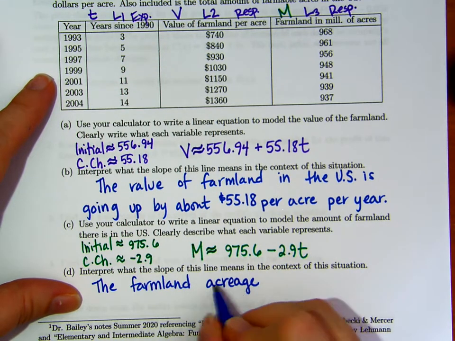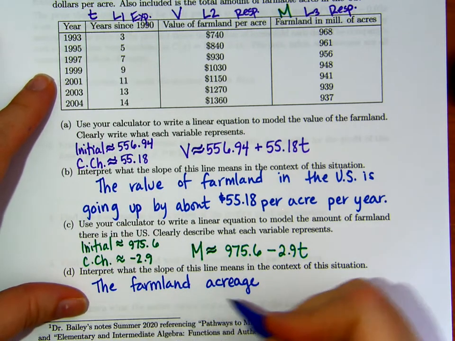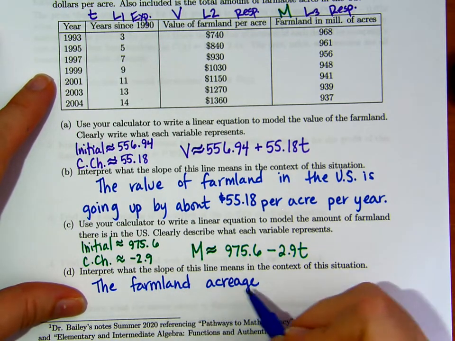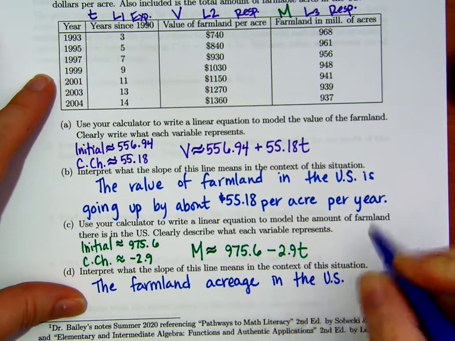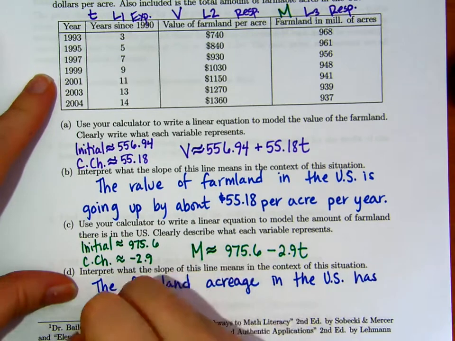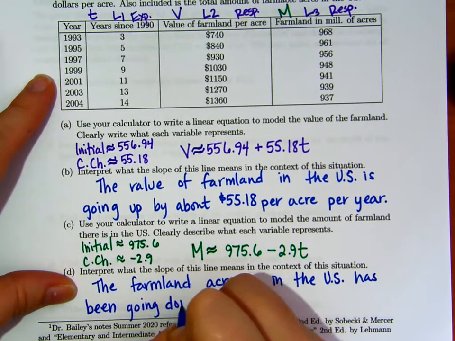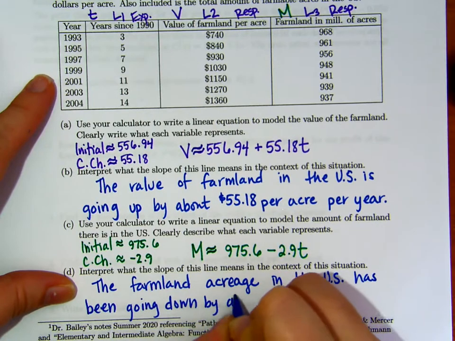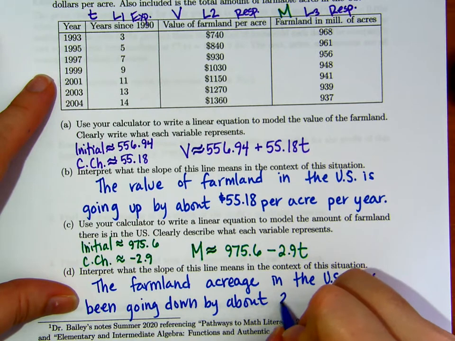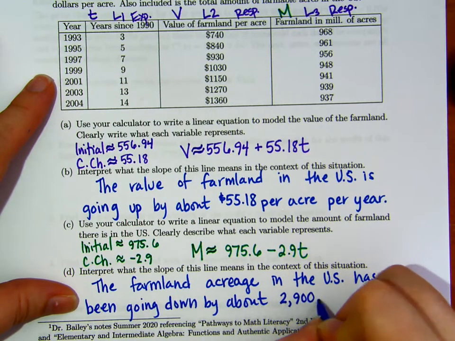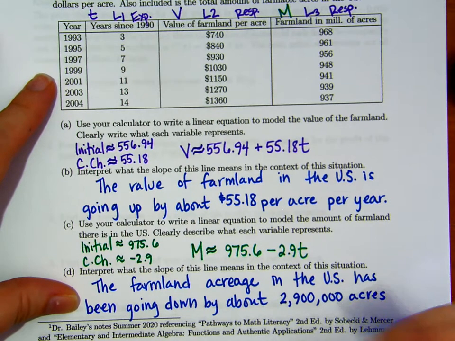I don't know if that's spelled right, acreage. I do know it's a word, so that's good. I didn't make it up. The farmland acreage in the United States has been going down by about 2.9 million. So I'm going to write that as 2,900,000 acres per year.